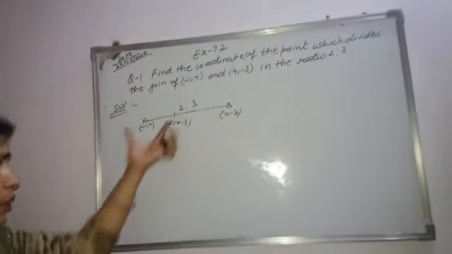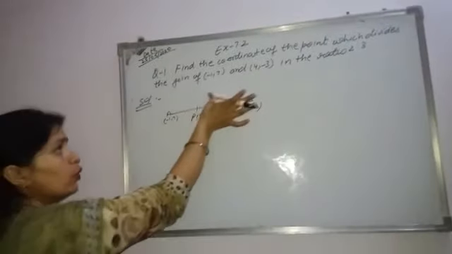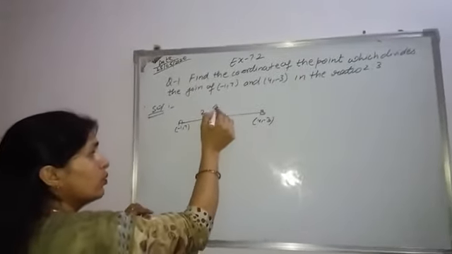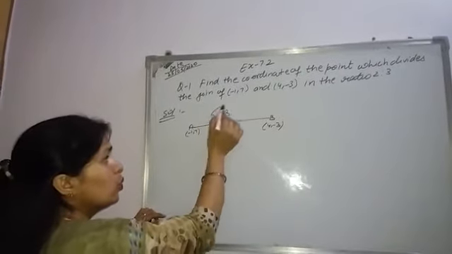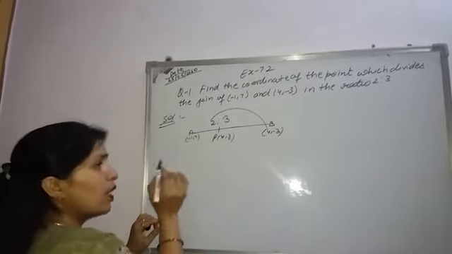Now in this case, when the ratio is given to us, we can find this point. Okay. What is our formula?